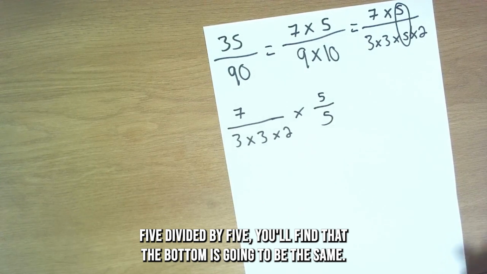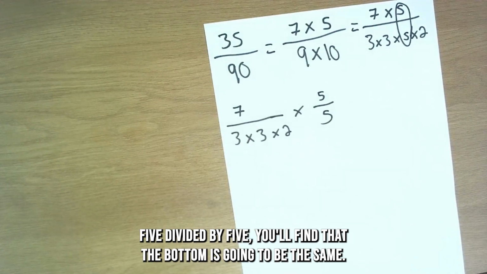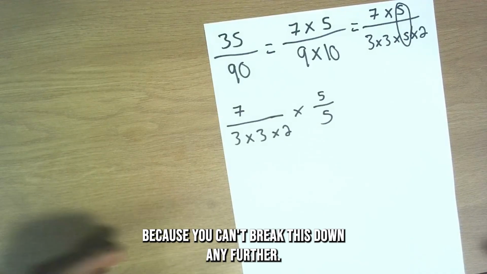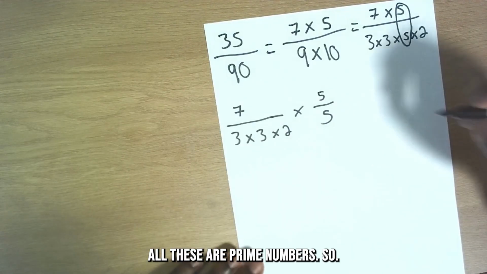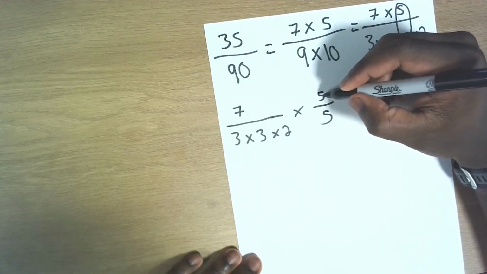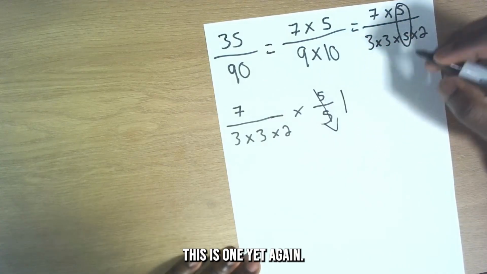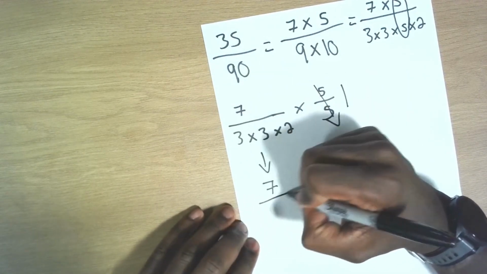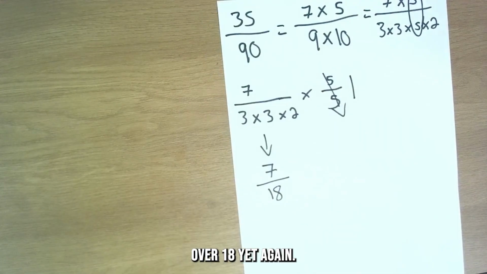You'll find that the bottom is going to be the same. You're going to find it up to 18 because you can't break this down any further. All these are prime numbers. So this is 1 yet again, and then all these multiply, and you're left with 7 over 18 yet again.